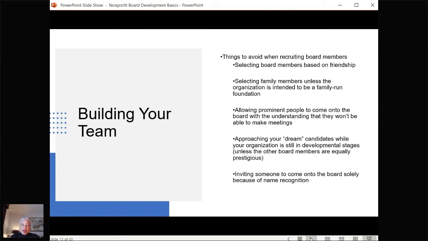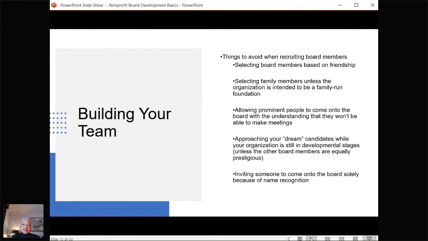Another thing, okay, we're talking about allowing prominent people to come on your board with the understanding that you can use their name. That doesn't do them any good, and it doesn't do you any good. One, they often become those people who are not engaged, and that could be very disheartening for people who come to the board meetings who are doing all the work and they're bringing the money.